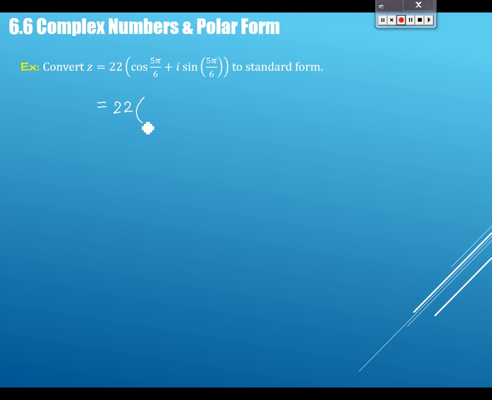Negative root 3 over 2, I like. I love seeing that. That's the coordinate of that point on the unit circle, right? Negative root 3 over 2, comma 1/2. 5 pi over 6. Anyway, so what do we get here? Negative 11 root 3 plus 11i. There it is back in rectangular form, so to speak.